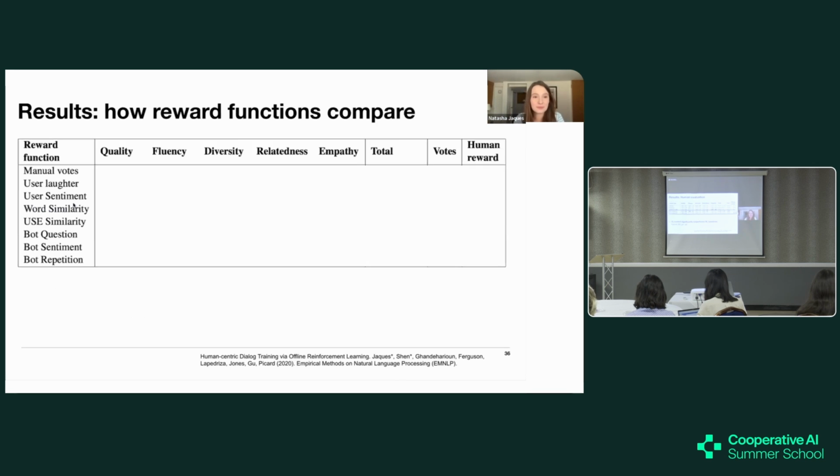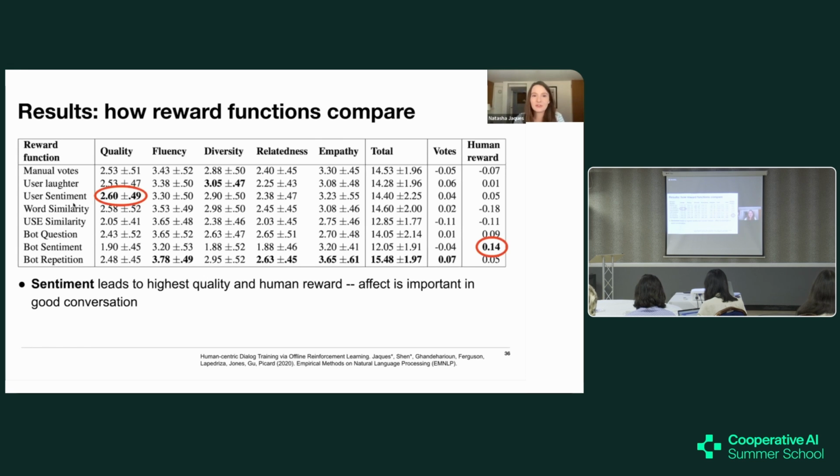So that's nice. We also want to evaluate which reward function leads to eliciting the best human ratings and the best reward. And we see that essentially optimizing for sentiment, both in the user and in the bot, leads to the best ratings and the best elicitation of human rewards. So we see that affect is important in a good conversation, which is nice when you're in the affective computing group.